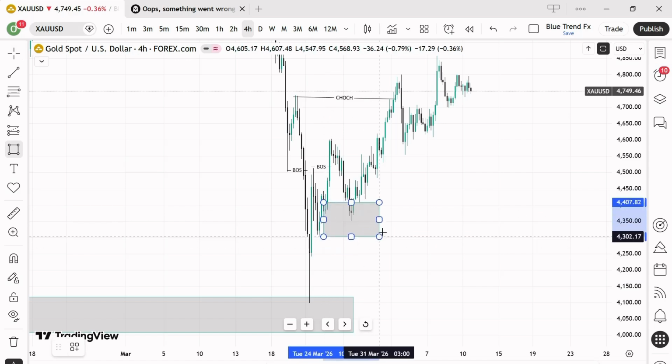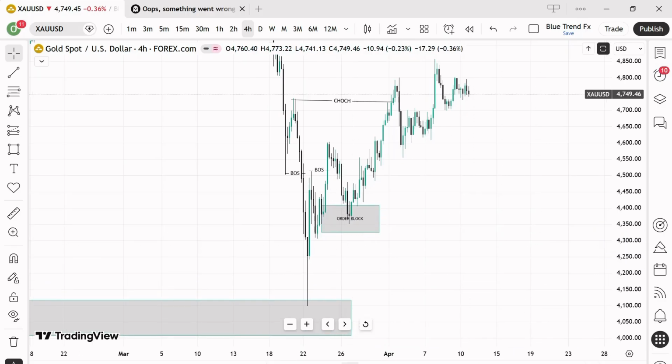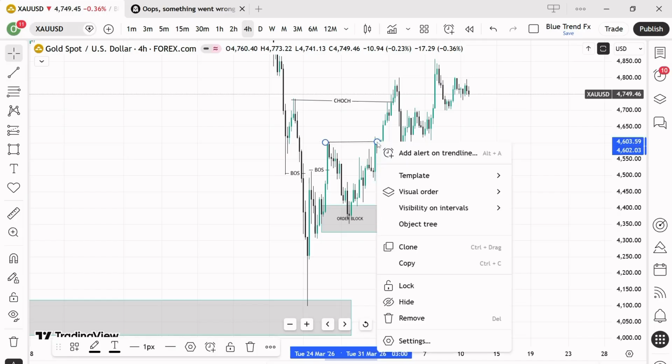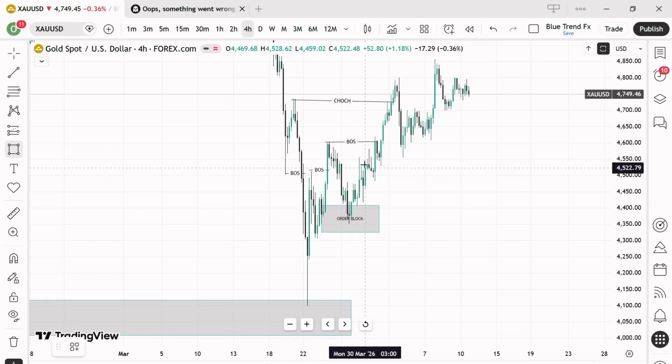Price has tapped into the demand level. Right here we have another break of structure. The origin that gave this break of structure right here is this.